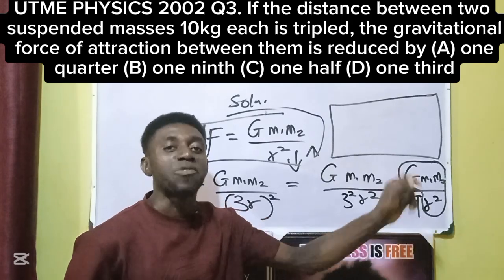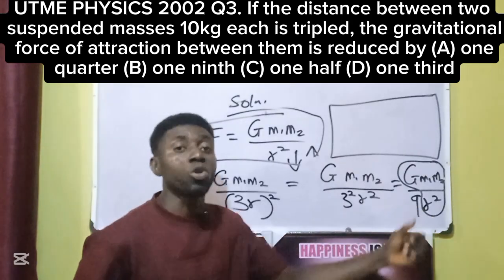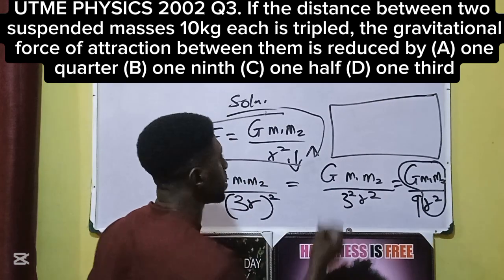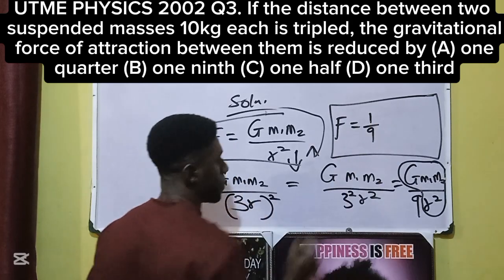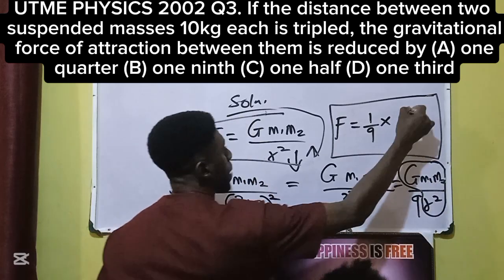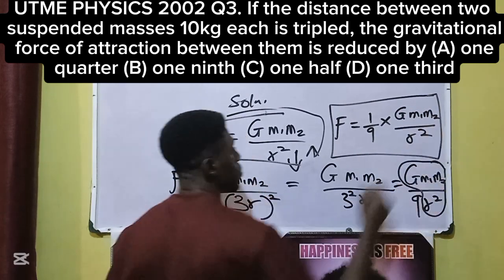That's the formula that defines gravitational force. Then there's a new inclusion there. That new inclusion tells you how much force is reduced. Another way of putting this formula is this: F is now equal to 1 over 9 times what I've scraped off, capital G, m1, m2, all over r squared.